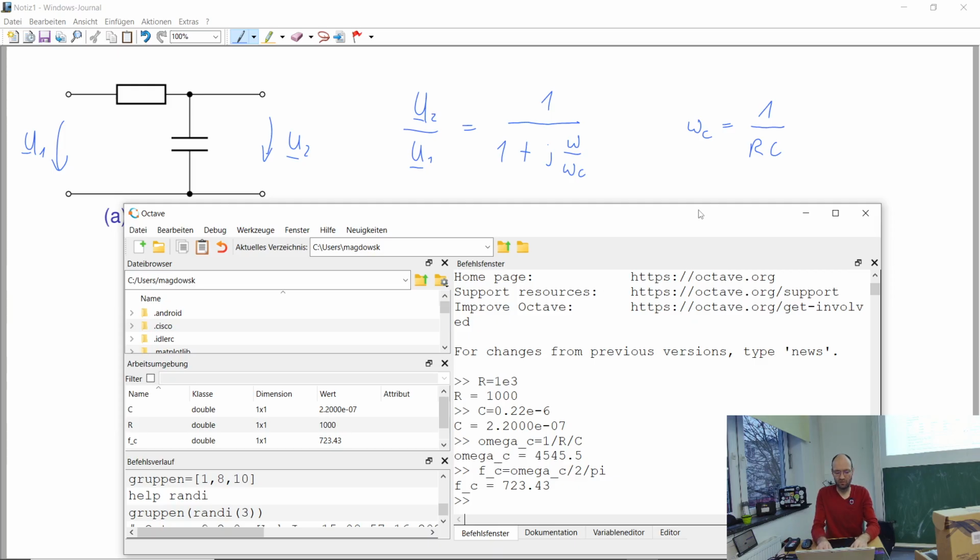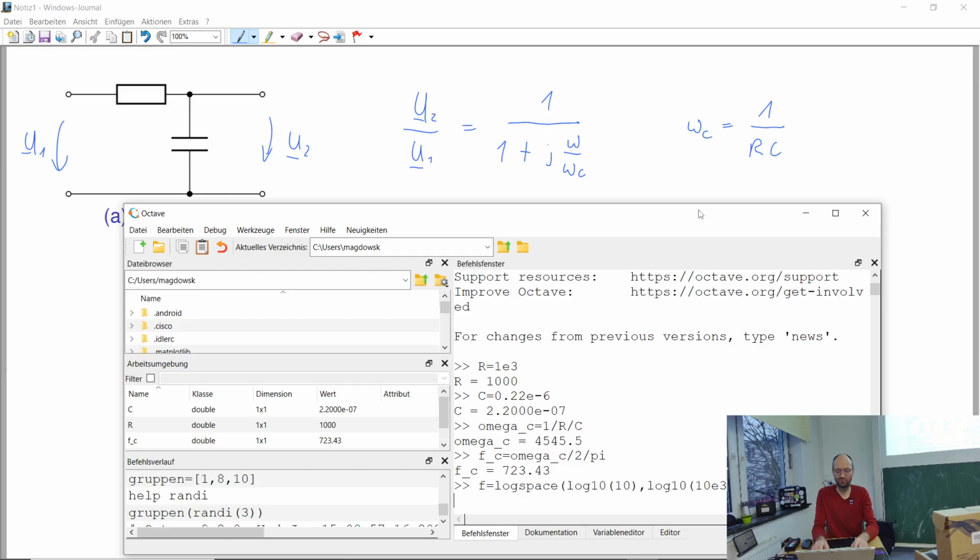Okay, so now if I set up some frequency range and say we want to have a log space, for example from 10 Hertz to 10 kilohertz, and maybe with 1,000 points, which should be already way too much. Then we can calculate this transfer function TF.